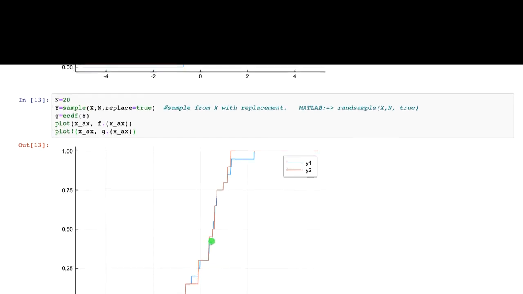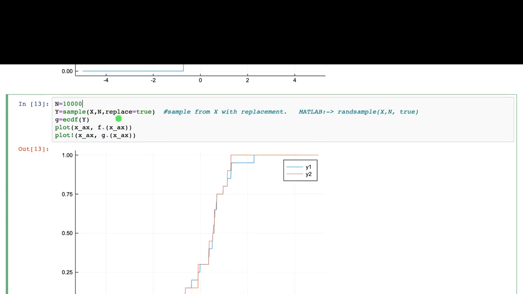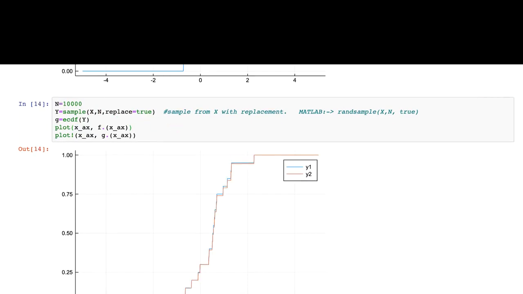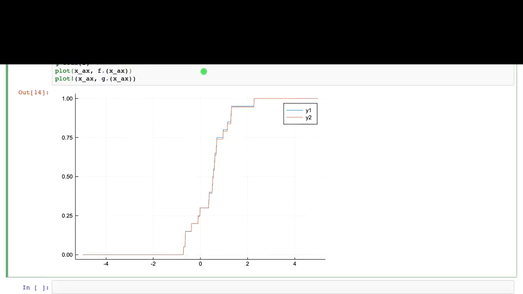Now, if I increase the number of samples from the same distribution X, in other words, suppose I choose, say, 10,000 points from X. X only has 20 points, so there will be lots of duplication. Then the ECDF of Y will be almost exactly equal to the ECDF of X. We can repeat this a few times.